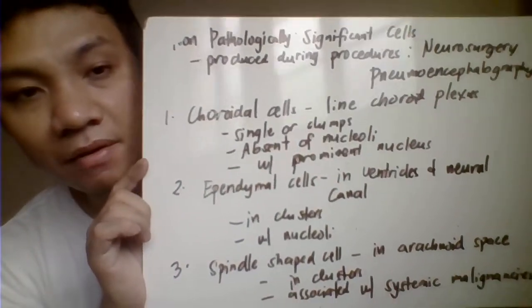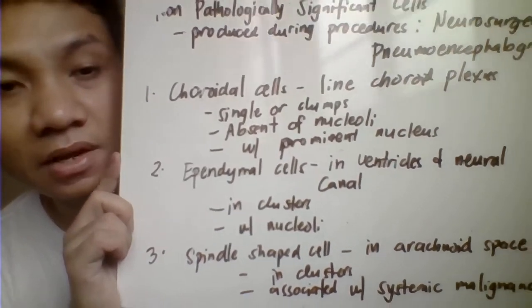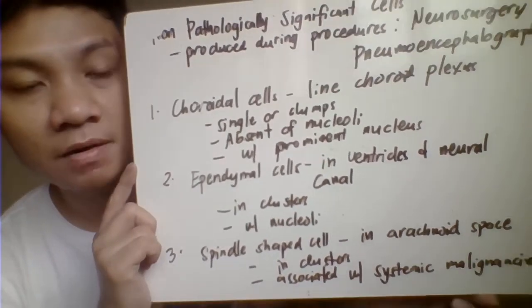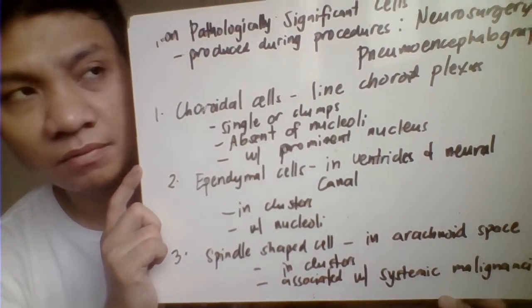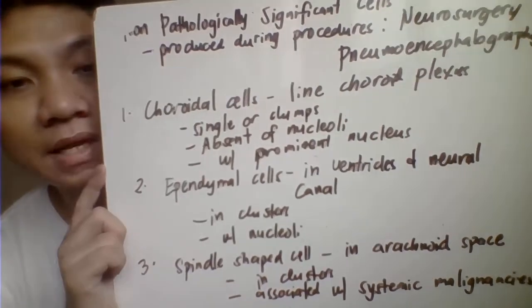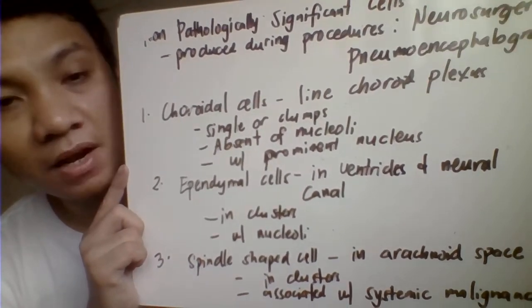Okay, the next ones are non-pathologically significant cells that could be found in the CNS. Again, these cells could be obtained following a surgical procedure related to the CNS, like neurosurgery or pneumoencephalography.